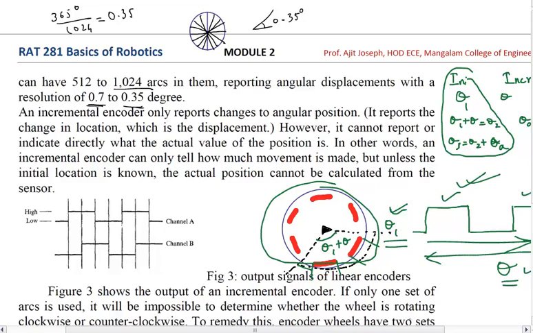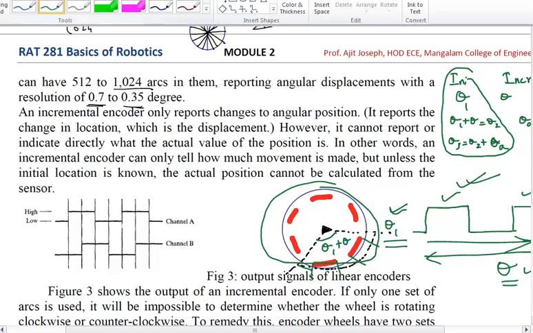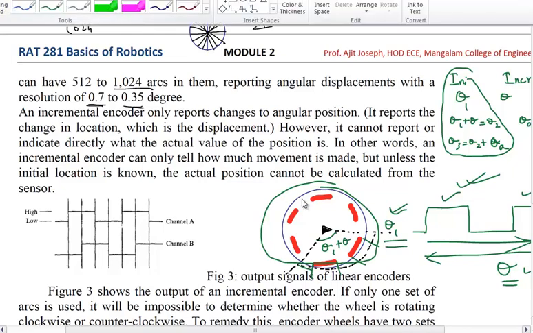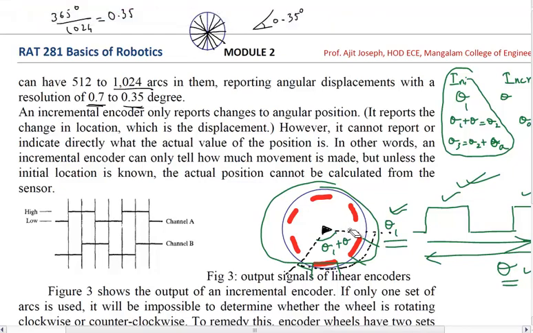Now another problem that we are going to have is, suppose instead of rotating like this, let me rub it. So suppose instead of rotating like this, it has rotated in the opposite direction. It has not rotated in the same direction. So let me draw that.